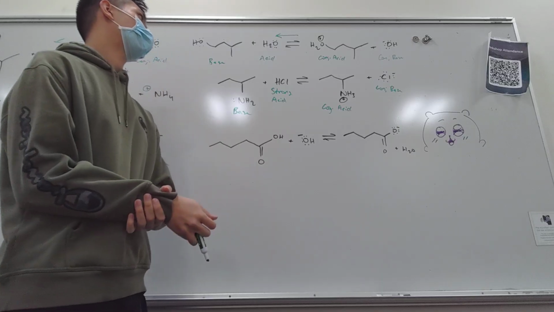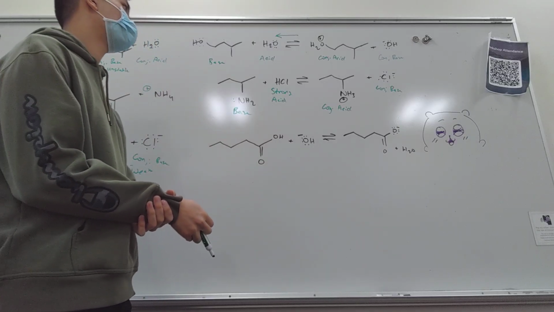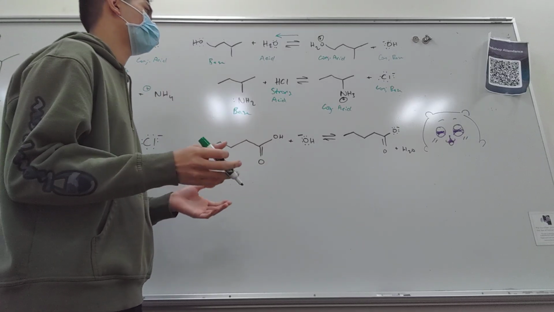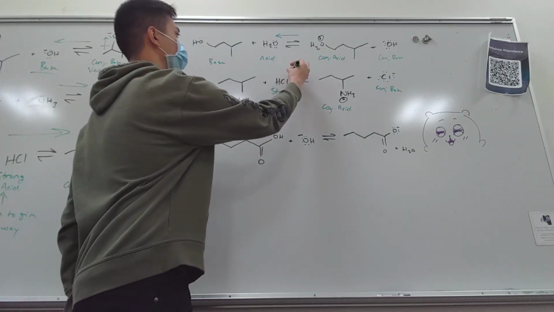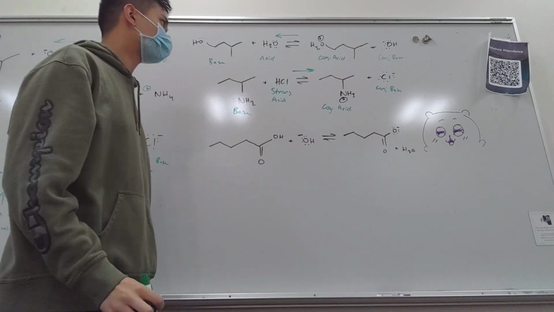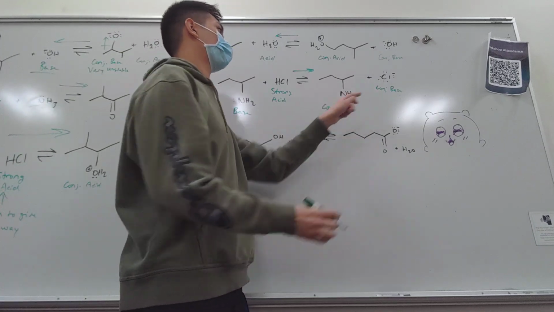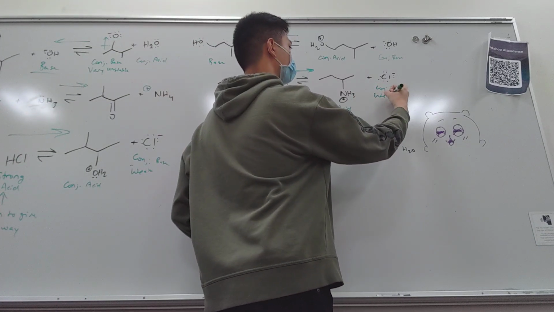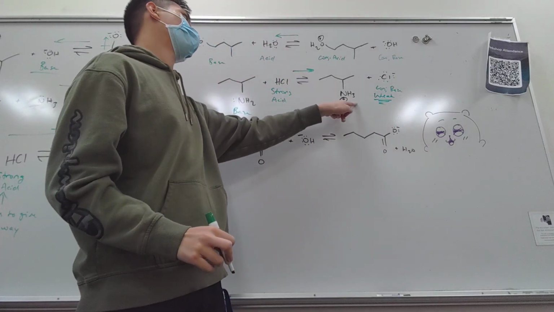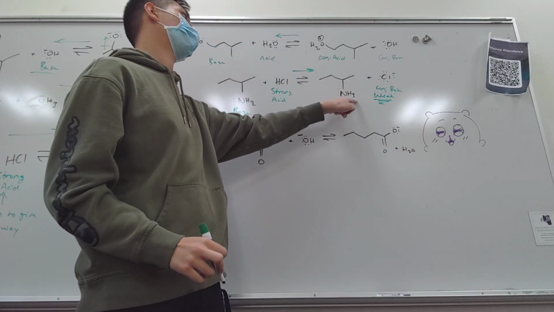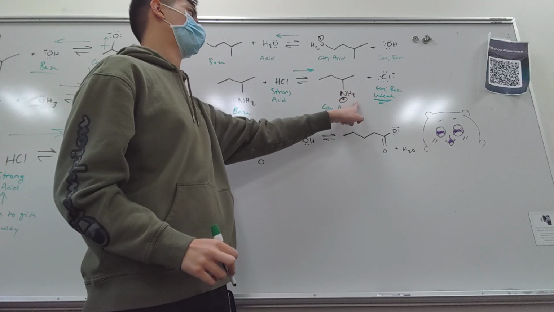But the fact is that since we have this strong acid, it will push the equilibrium to the right side, because this conjugate base is so weak. This conjugate base is so weak that it will not be plucking off this hydrogen anytime soon.